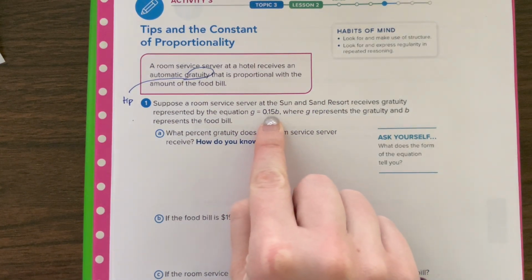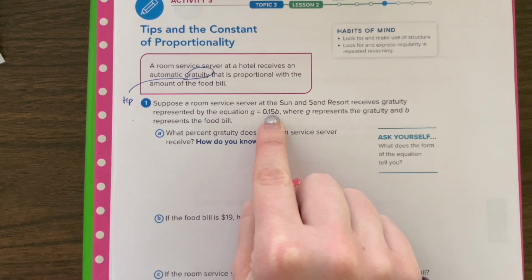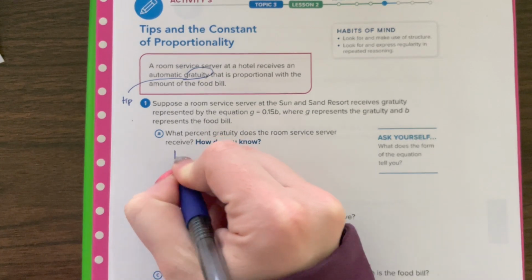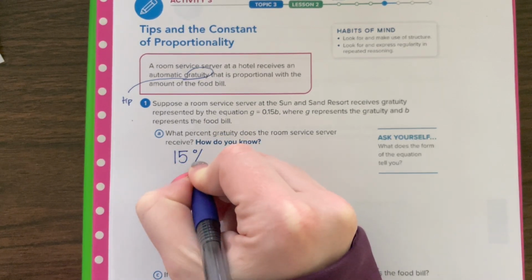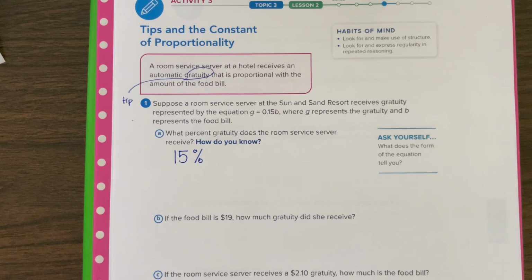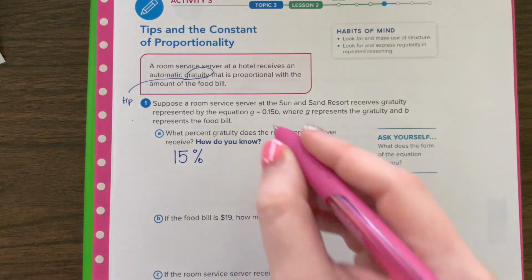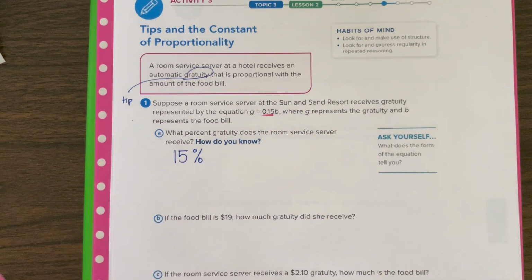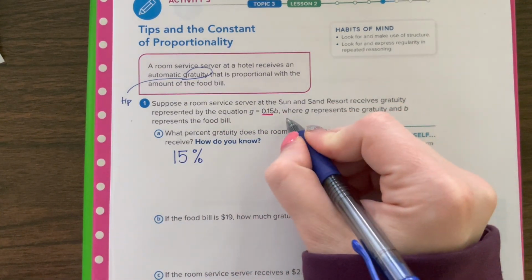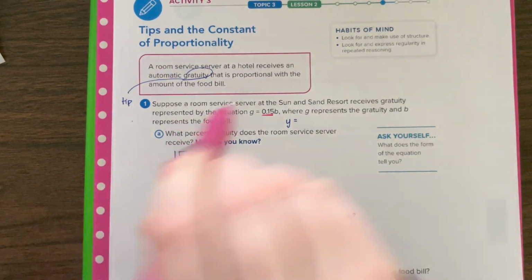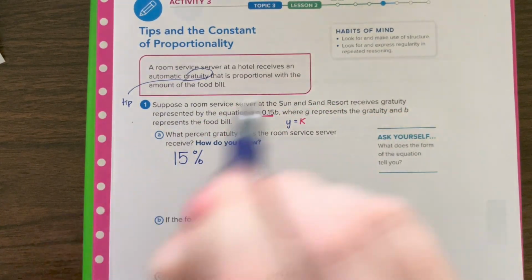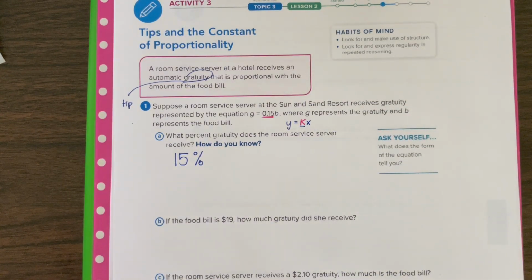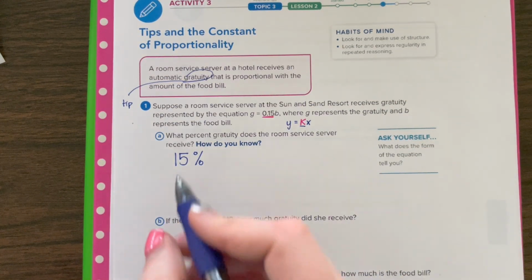Well, let's look at our equation. It gave us the decimal form of the percent. So that means our tip percent, or the gratuity, is 15% of the bill. Now we know this because the 0.15 is our coefficient, and when we're talking about that general equation, y equals k times x, that coefficient k represents the constant of proportionality.